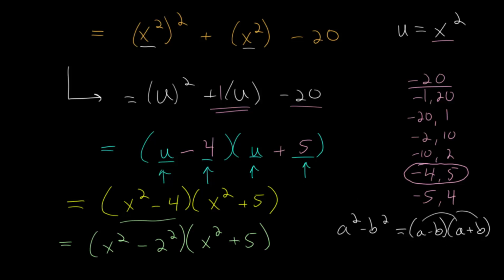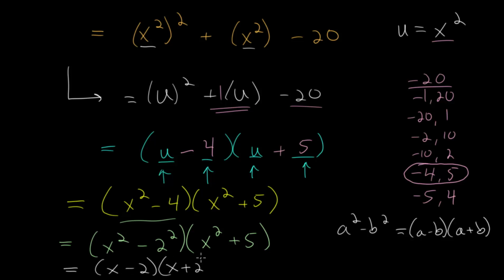But essentially, when it's multiplied out, the middle terms cancel out, and you just get a squared minus b squared. So if we apply this formula here, then this first binomial here will become x minus 2.